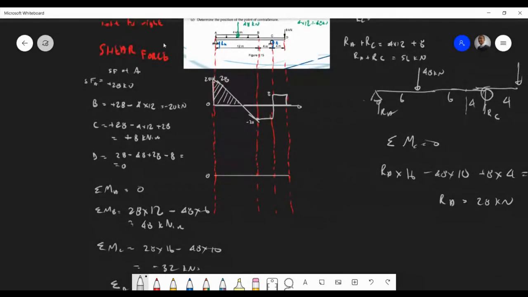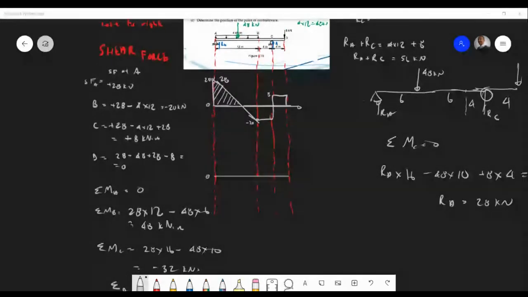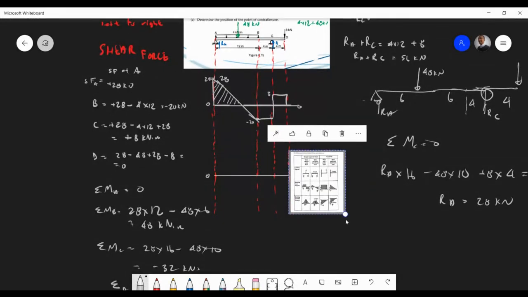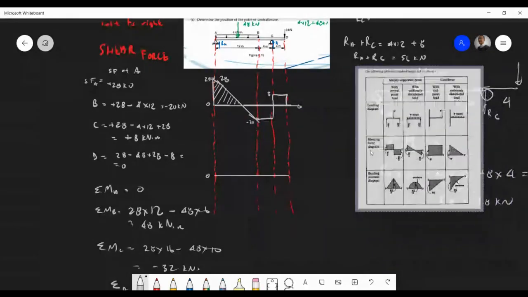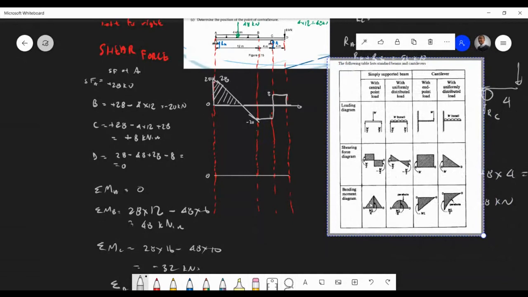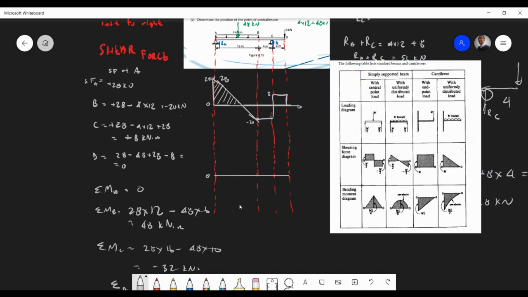So if you're going to sketch this diagram, again, you need to be cognizant of this diagram over here. And when sketching a UDL, the shape is parabolic or has a curve, right? And then, so that means it goes like, so start at, so B is at 20 kilonewtons, right? Where's B again? B is, no, not 20, sorry man, B is 48.